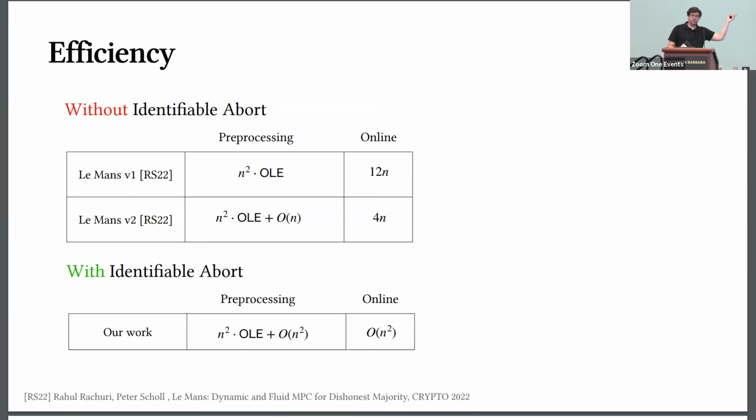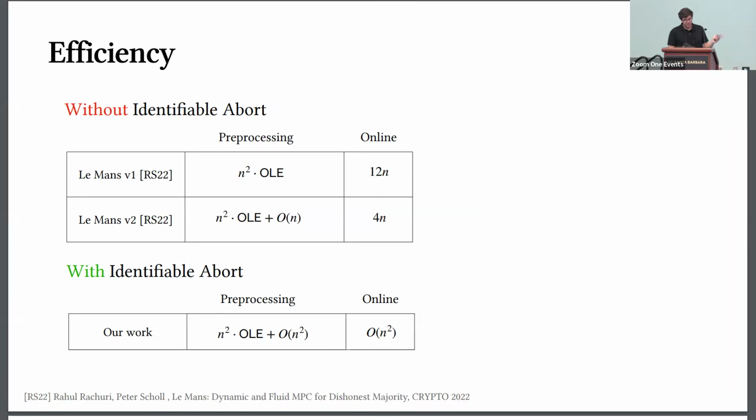V2 has more pre-processing and does better online. Both of these and our work require n-squared OLE correlations for each multiplication gate. If we use our state-of-the-art PCG techniques, producing these OLEs will take n-squared times circuit size.